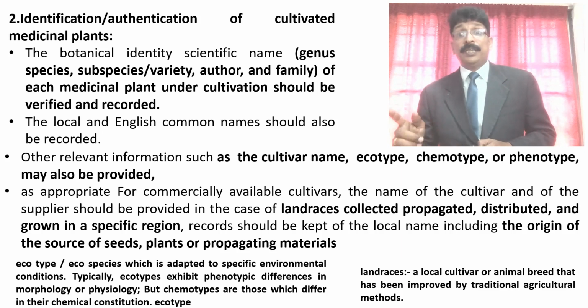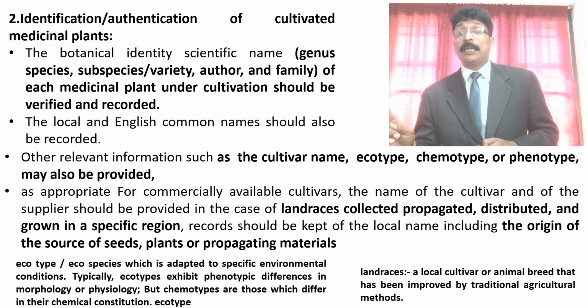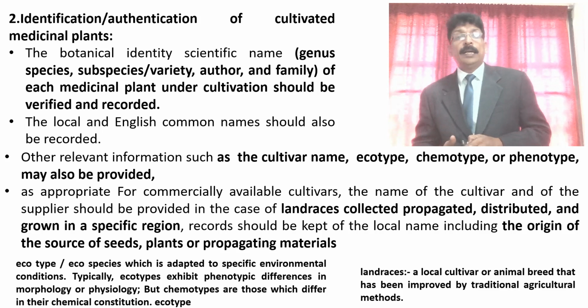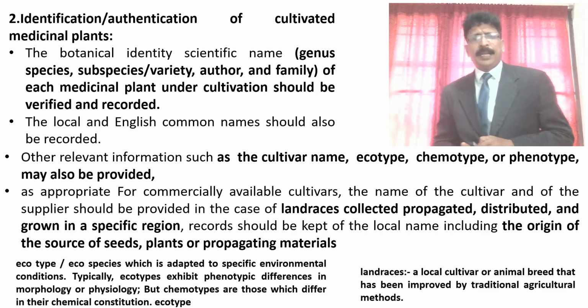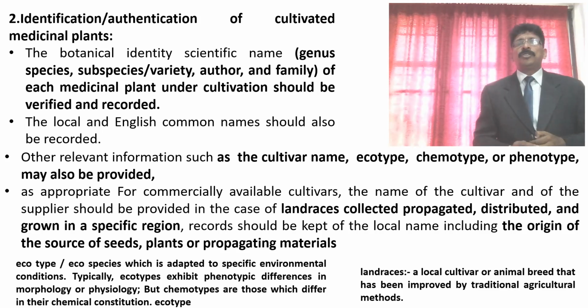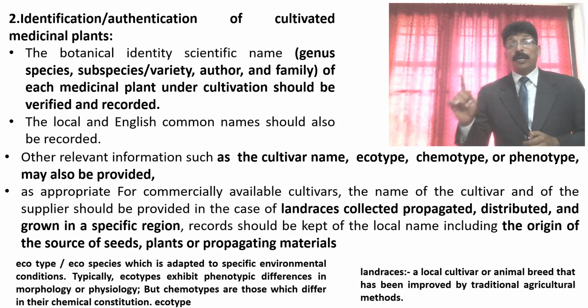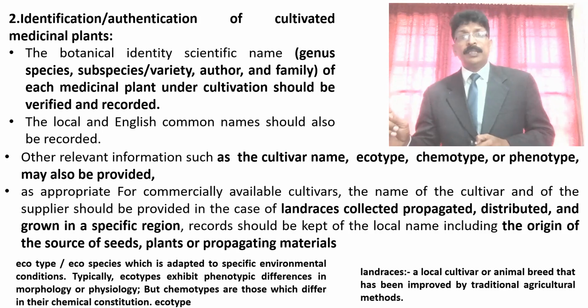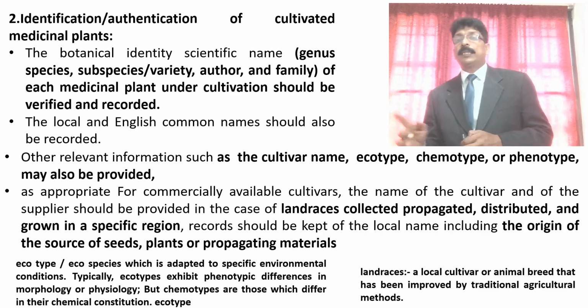If it is collected, propagated, distributed and grown in a specific region, a record should be kept of the local name, including the origin of the source of seed, plants and propagated materials.